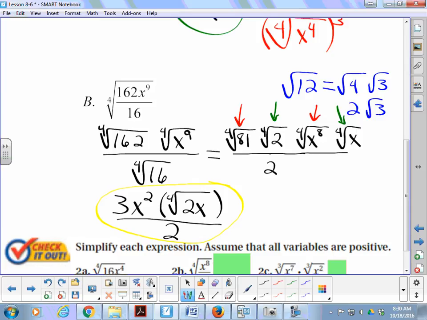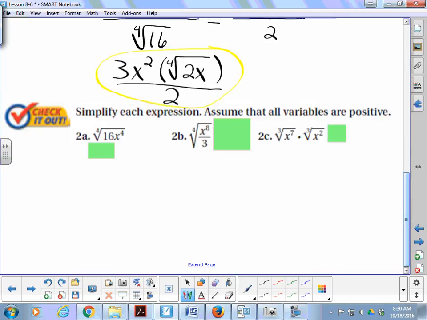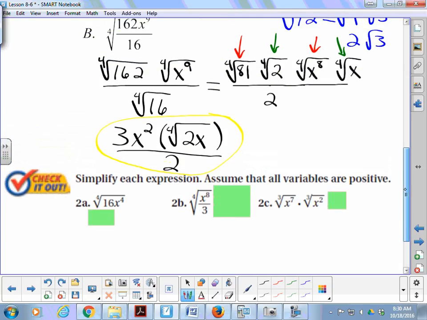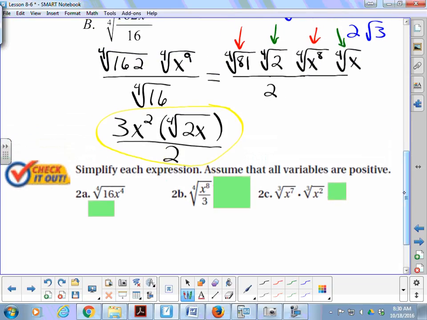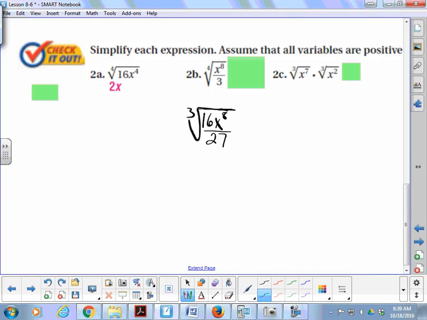All right, so let's do a couple of these then. I don't even know if they're going to be that hard. All right, so doing the cube root of 16x to the 8th over 27. So we've got the cube root of 16, cube root of x to the 8th, and the cube root of 27.